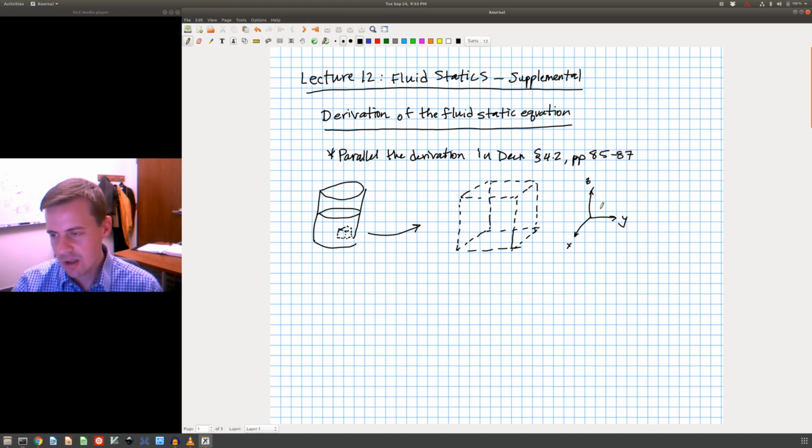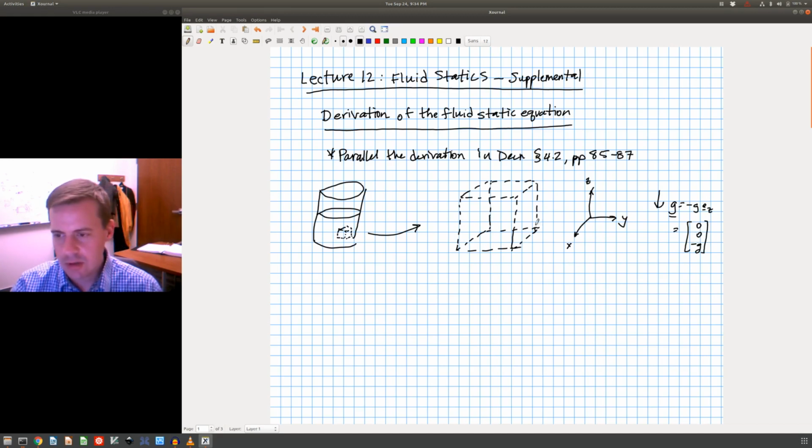I need that to have a right-handed coordinate system. I'm going to define my gravitational constant in the down, negative Z direction. So in other words, g is minus g in the Z direction. Or another way to write that is 0, 0, minus g in the vector notation we used earlier.